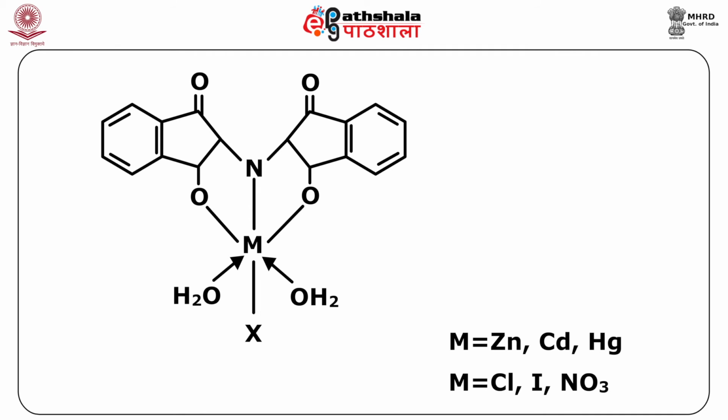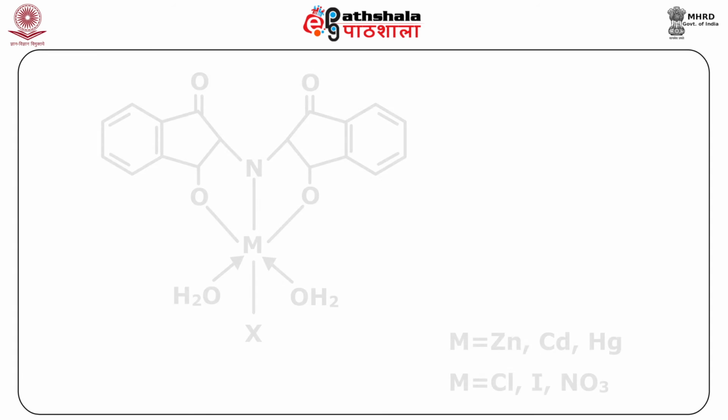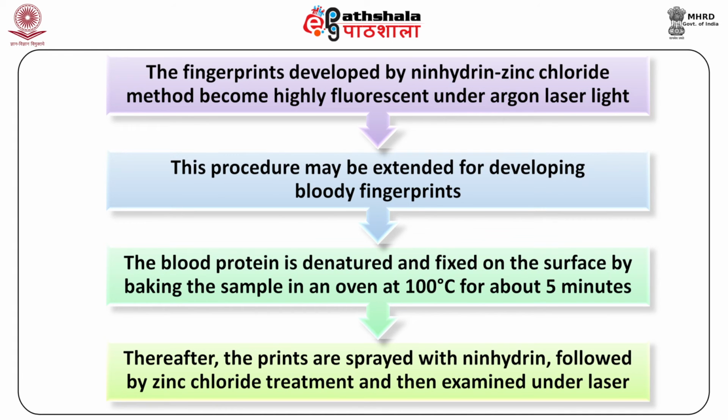This interaction converts the non-fluorescent Ruhemann's purple into a luminescent complex, the structure of which is depicted in the given figure. The fingerprints developed by the ninhydrin zinc chloride method become highly fluorescent under argon laser light.